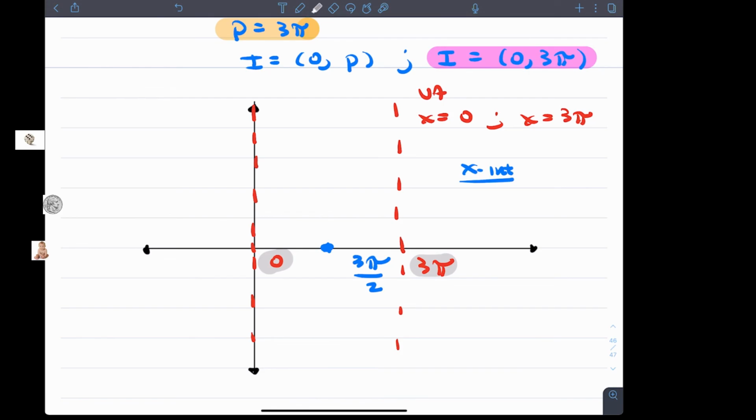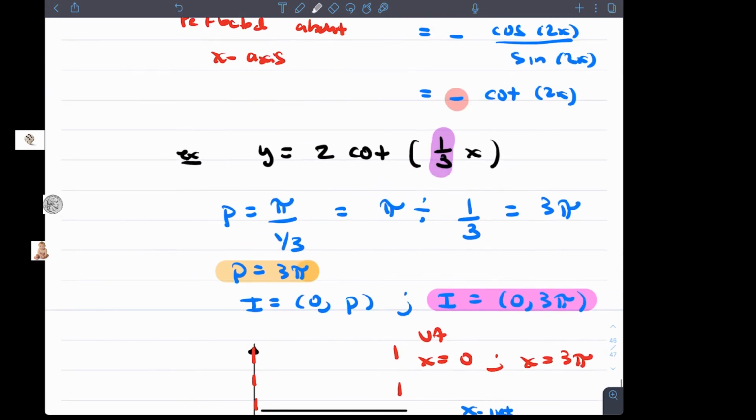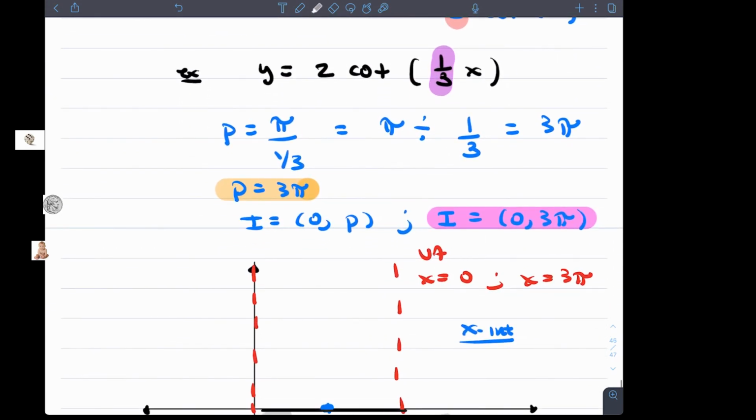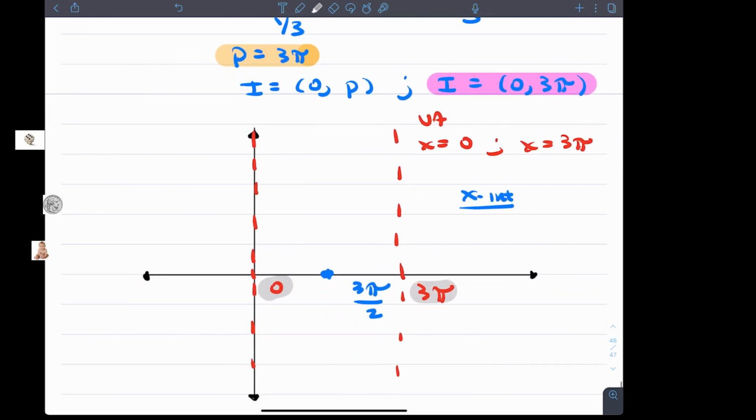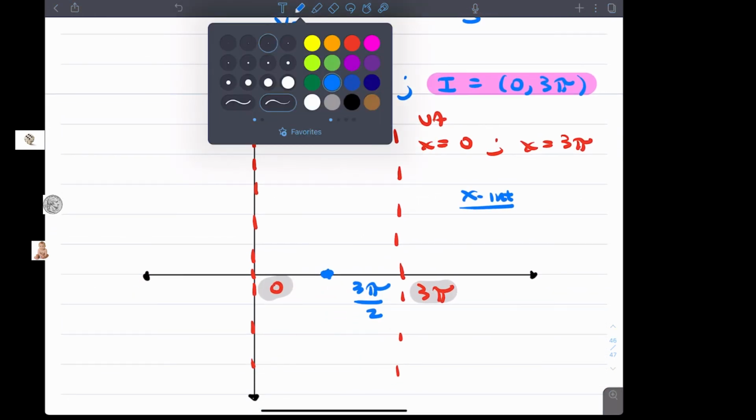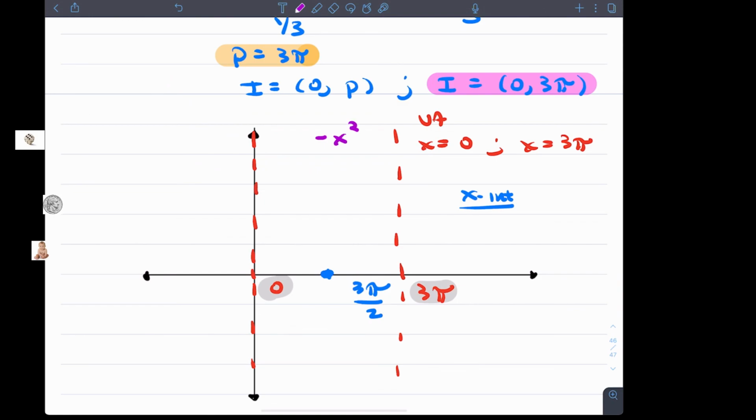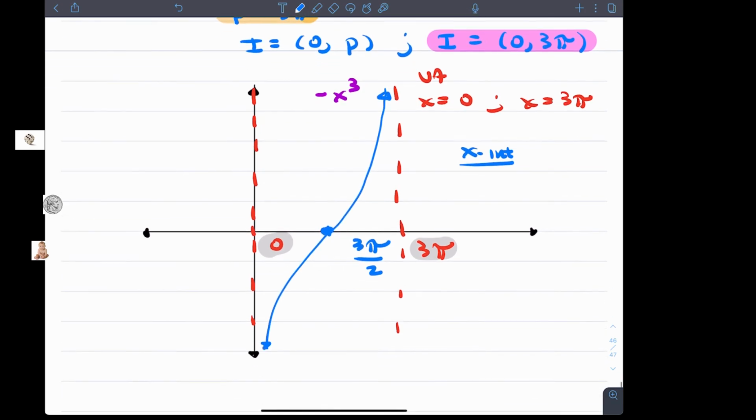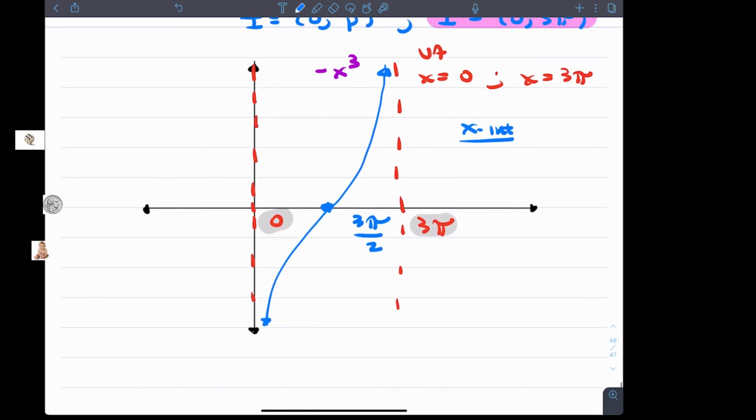What happens now if I said to you, what curve is this? It's cotangent. What do you guys remember for cotangent? I have in my mind minus x cubed for cotangent. So when I sketch this curve here now, there you go. There it is, ladies and gentlemen. And again, it's only one cycle.